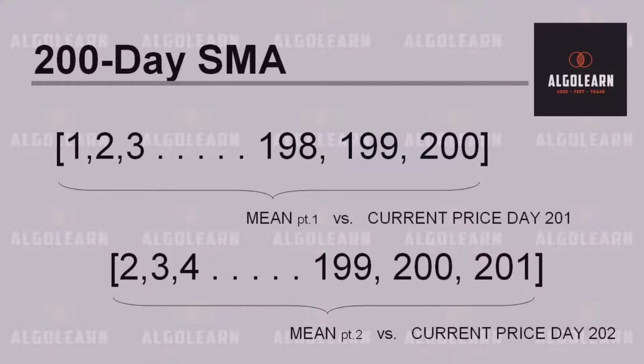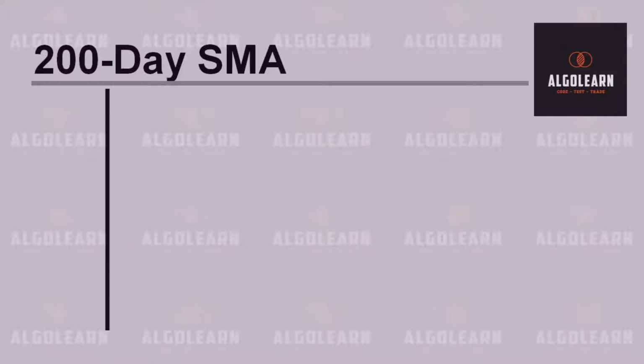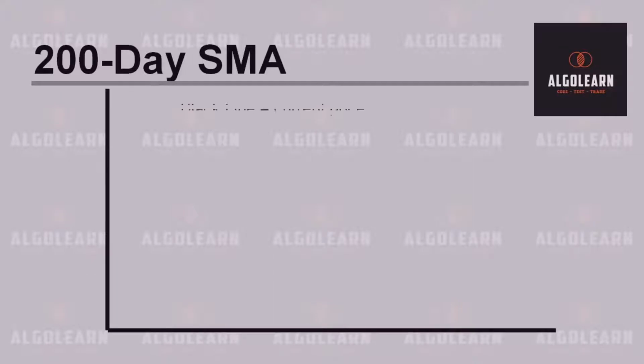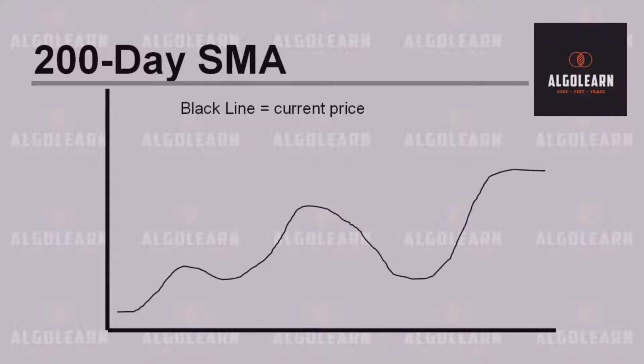All of this we can graph. I'm going to create a black line to show the current price over time, and here is the current price moving through time.